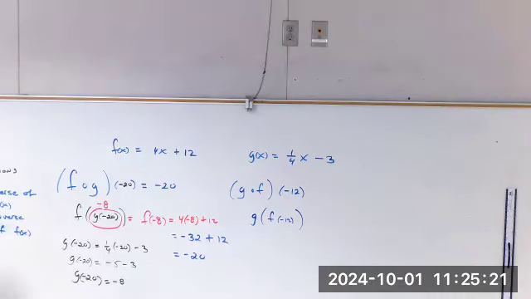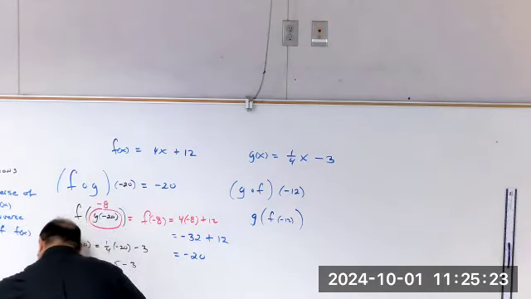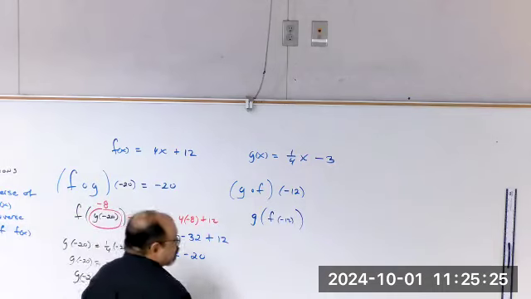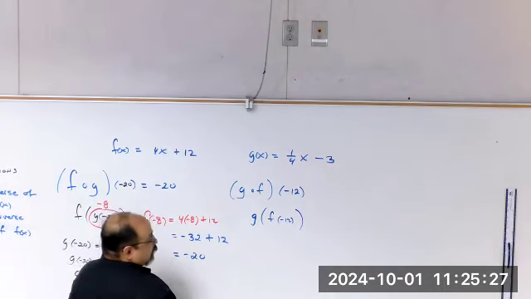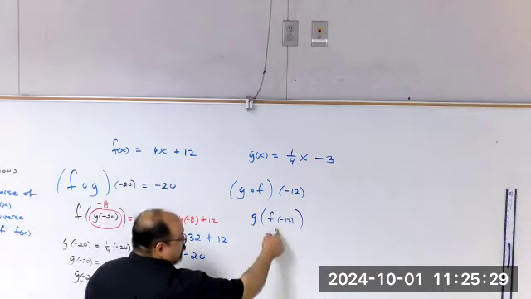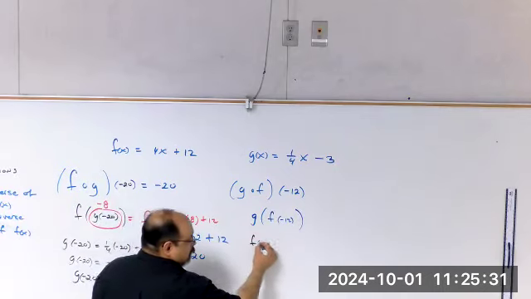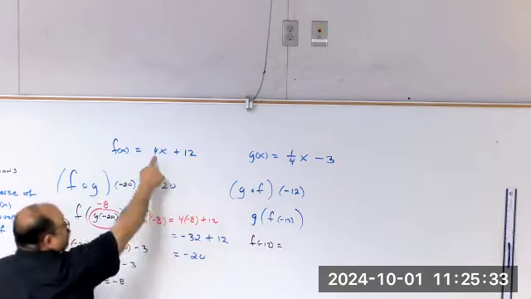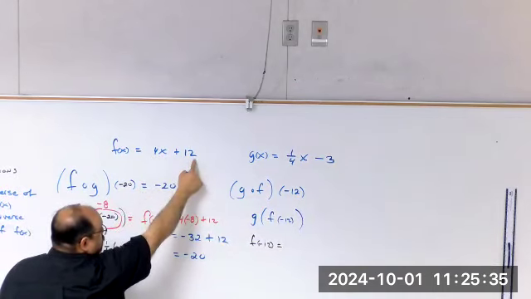And we start with the F of negative 12. F of negative 12 on the inside: 4 times X plus 12.